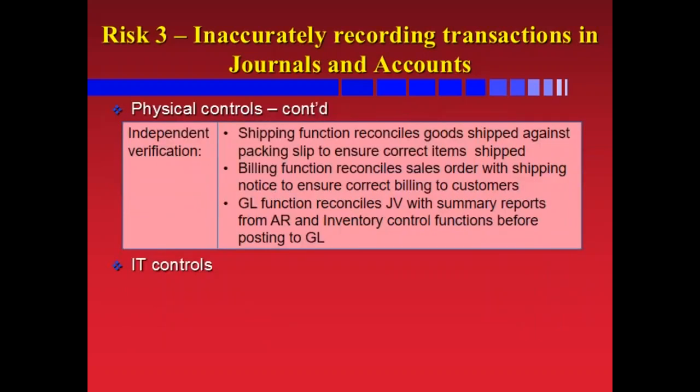Another important physical control is independent verification. The objective of independent verification is to verify the accuracy and completeness of tasks performed by other functions in the process.